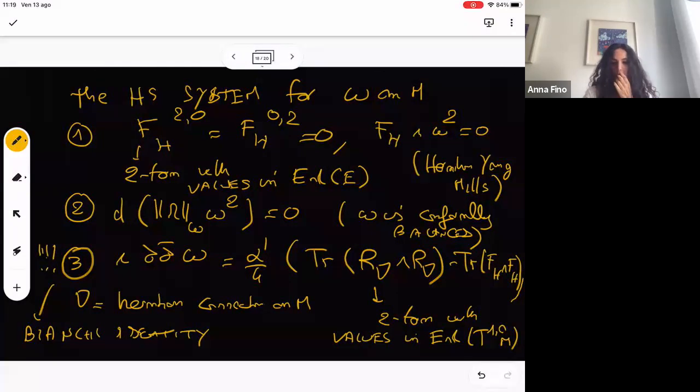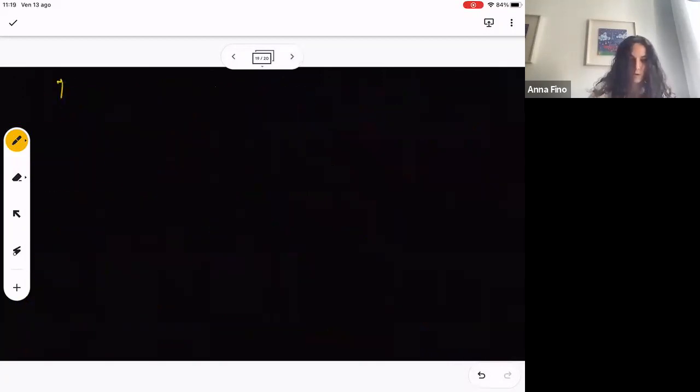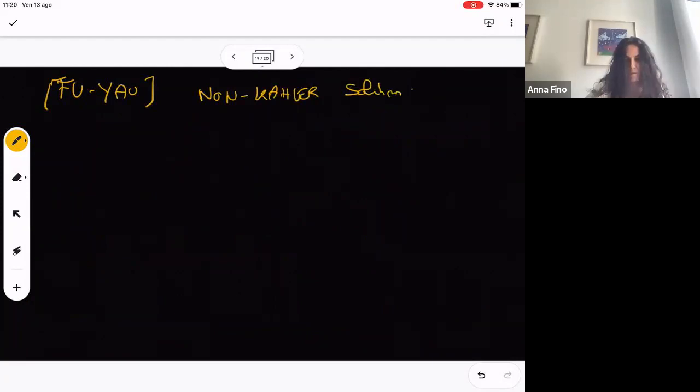It's not hard to solve, of course, the first and the second, but it's very hard in general to solve the third one. And the first non-Kähler solutions that were found in the literature are due to Fu and Yau.